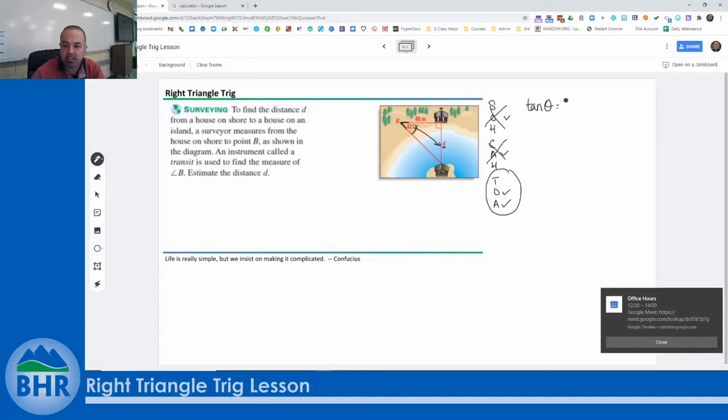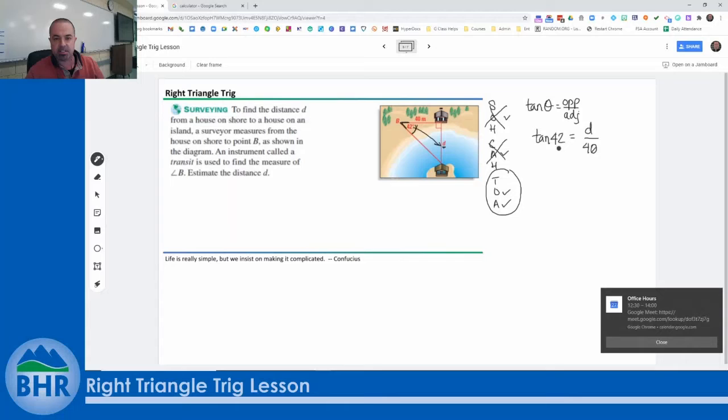Filling in my knowns, the tangent of 42 degrees is equal to D over 40. I'm just going to keep the tangent of 42. That's just the way I prefer to do it, but if you want to change it to a number, feel free to change it to a number.